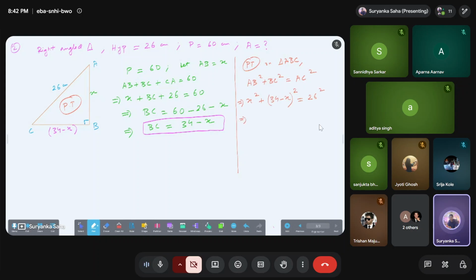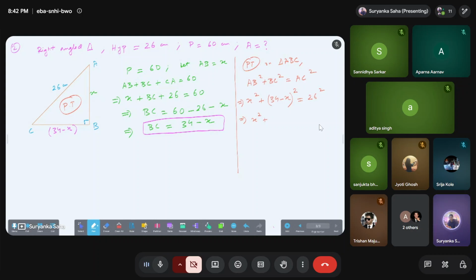Now you have to break them into the a minus b whole square form. So 34 square plus x square minus 2ab. First, x square is there. What is the value of 34 square? Let me do it in the calculator. 1156.